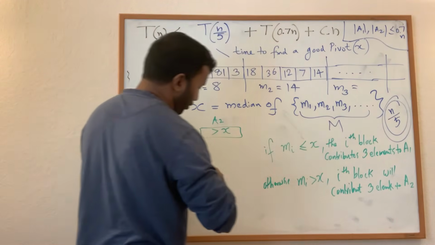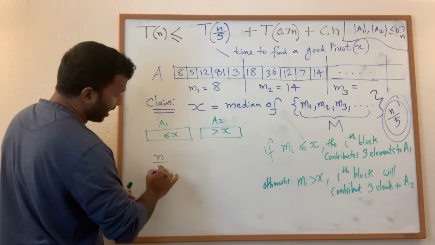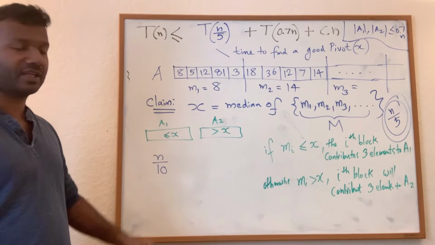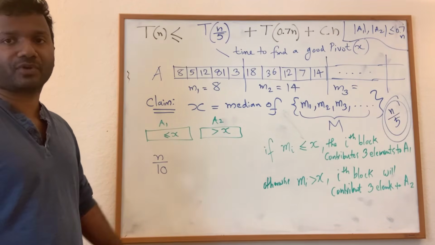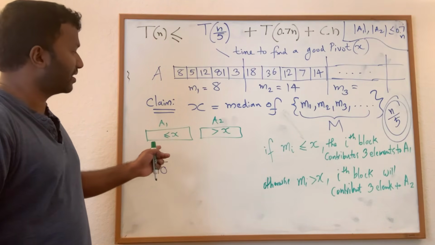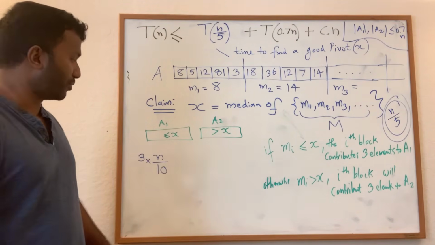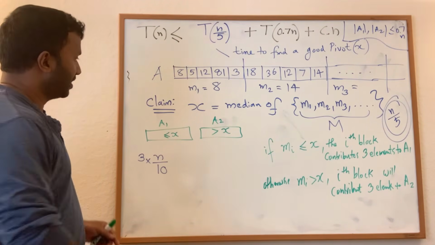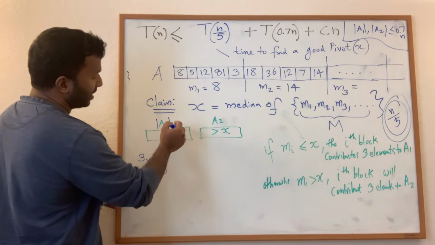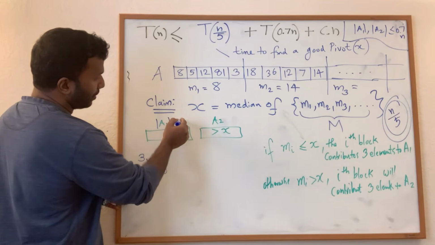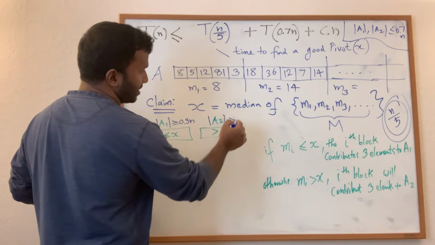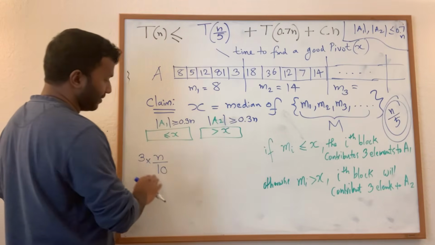Since the total number of mi's is n over 5, exactly n over 10 mi's will be less than or equal to x and n over 10 will be more than x, and each of them contributes 3 to A1 and each of the other ones will contribute 3 to A2. That means the size of A1 is greater than or equal to 0.3 n. Similarly, the size of A2 is also greater than or equal to 0.3 n.